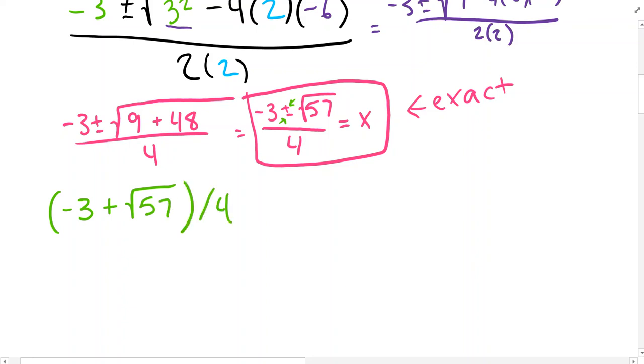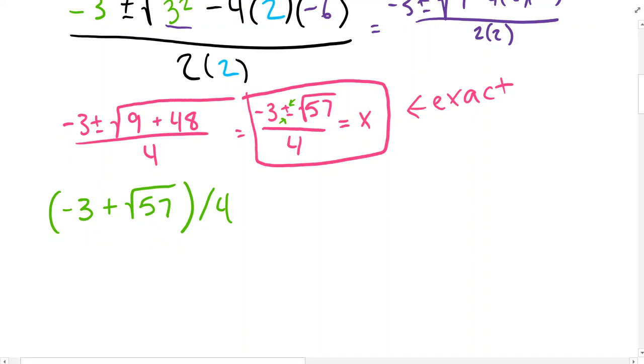And I'm going to do the parentheses because if I didn't, it would take the 57 and divide it by 4 first, and then it would deal with the -3. But I want to combine these two first since they're grouped on top of the division bar, and then I want to divide by 4.